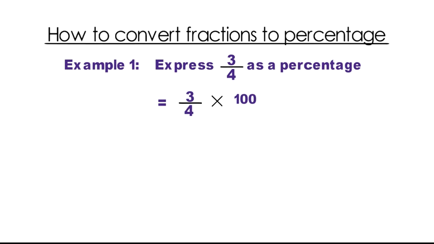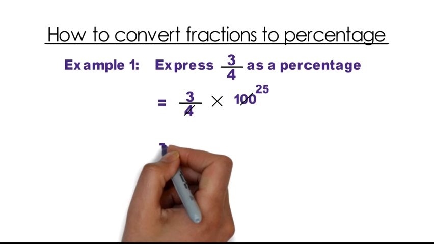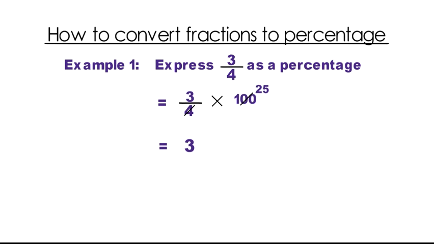Next, we look for numbers that can divide. 4 divides 100 gives us 25. So, this is equal to 3 times 25, which is equal to 75%. Very simple, isn't it? Let's solve another example.